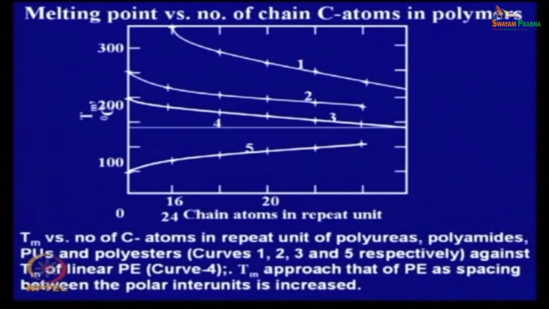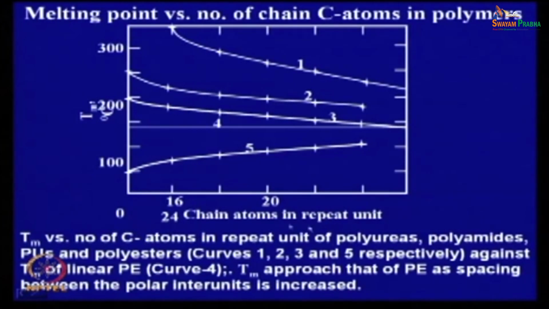So, we have to know that there is also variation in the morphology and structure of the polymers. Now, this diagram shows, interestingly, the temperature axis, melting temperature of polymers in degrees Celsius.